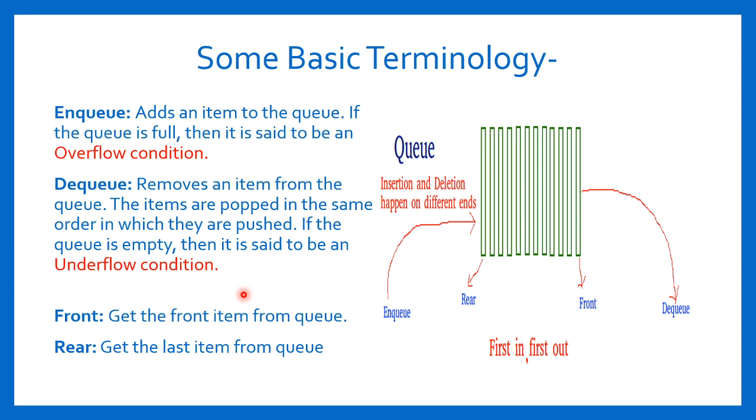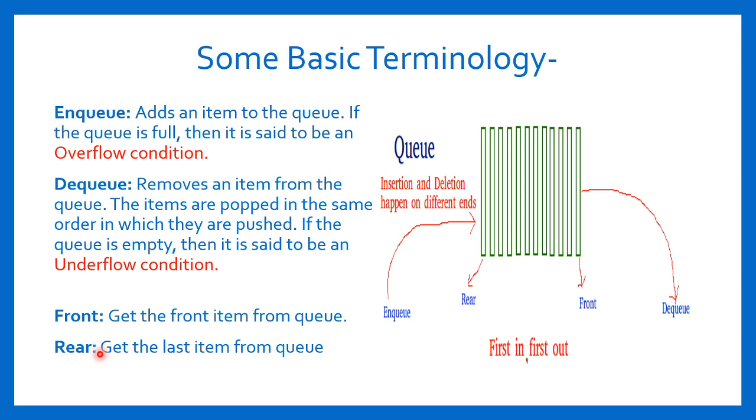If there are only 1,000 tickets to be sold for a Shah Rukh Khan movie, there cannot be 1,001 people. Similarly, DQ is when we have to delete or pop an element from the queue, and the condition is underflow. If there is no person standing in the queue, what will the shopkeeper sell?